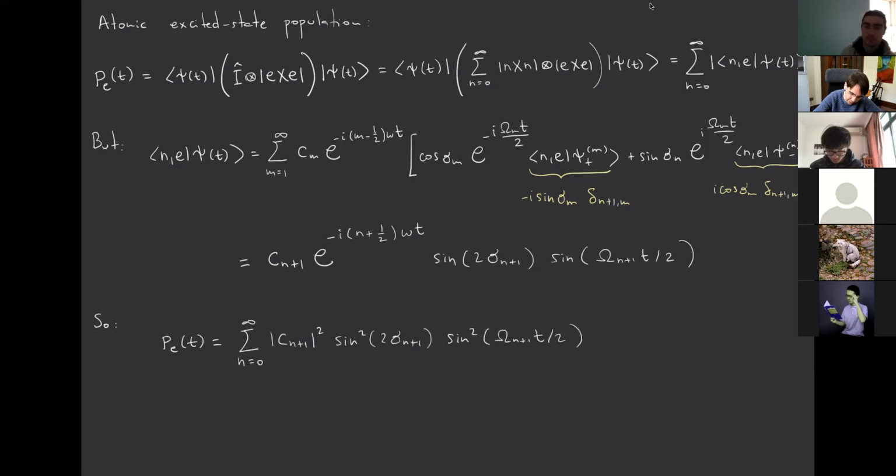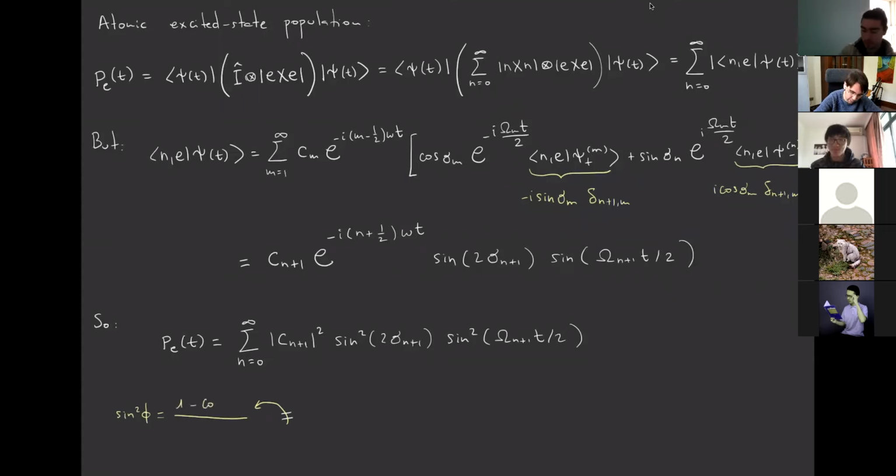and now it's interesting to write it in the following simplified expression. I will just use two very simple identities that you know very well, which is just that the square of the sine can always be written in terms of the cosine of 2 times the angle.